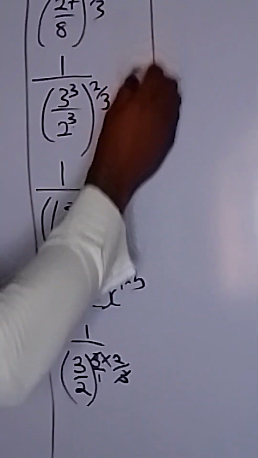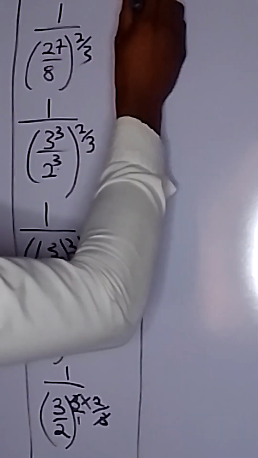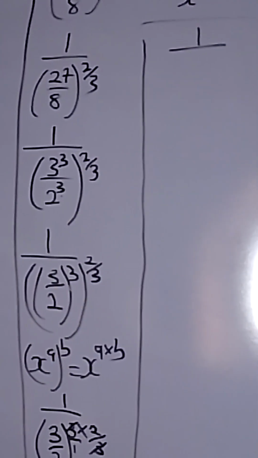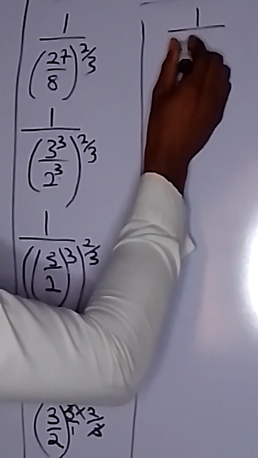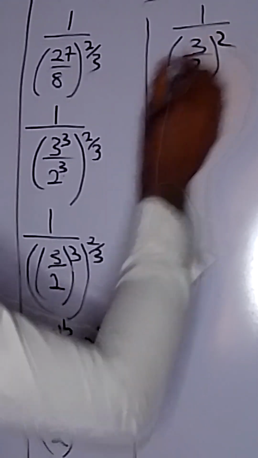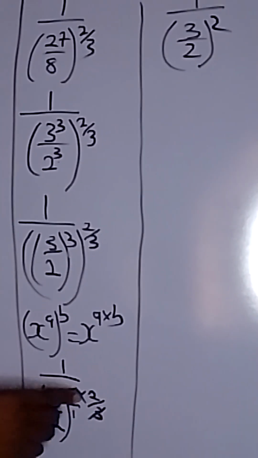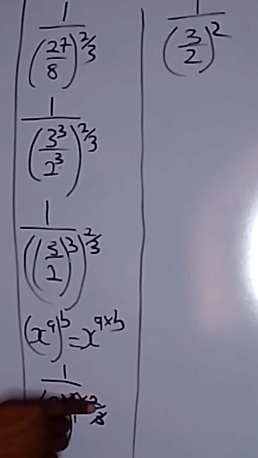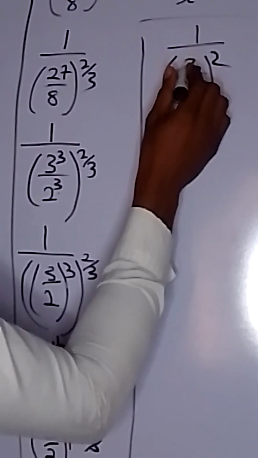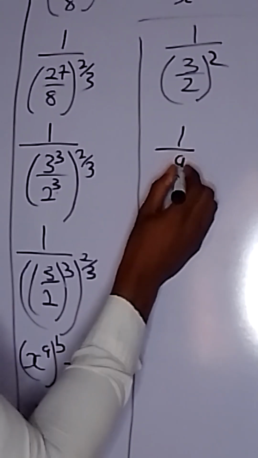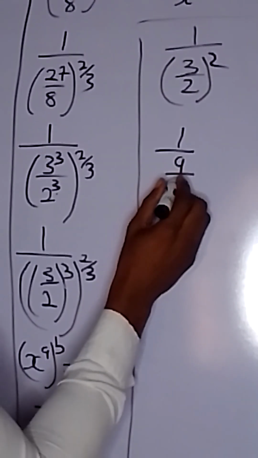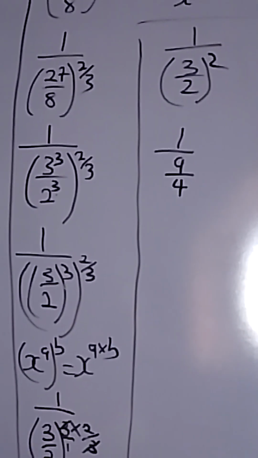So what we have now is 1 all over 3 raised to power 3 over 2 raised to power 2, being that this has cancelled this, so it's remaining only power 2 here. And then which will give us 1 all over 3 raised to power 2 is 9, that means 3 times 3, all over 2 raised to power 2 is 4, that means 2 times 2.